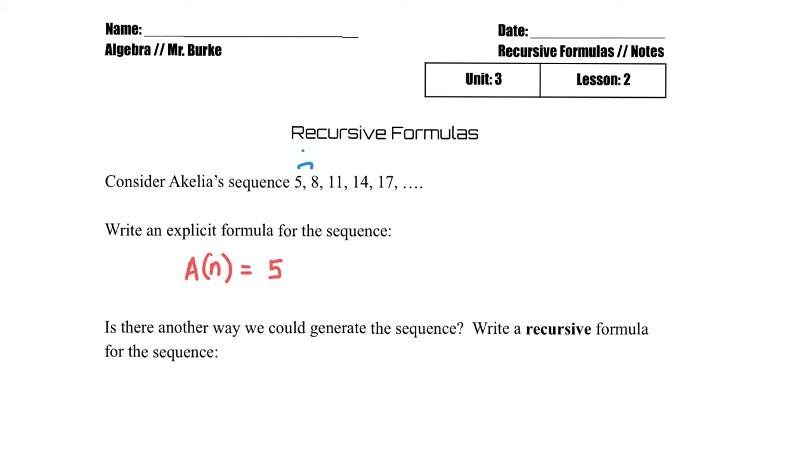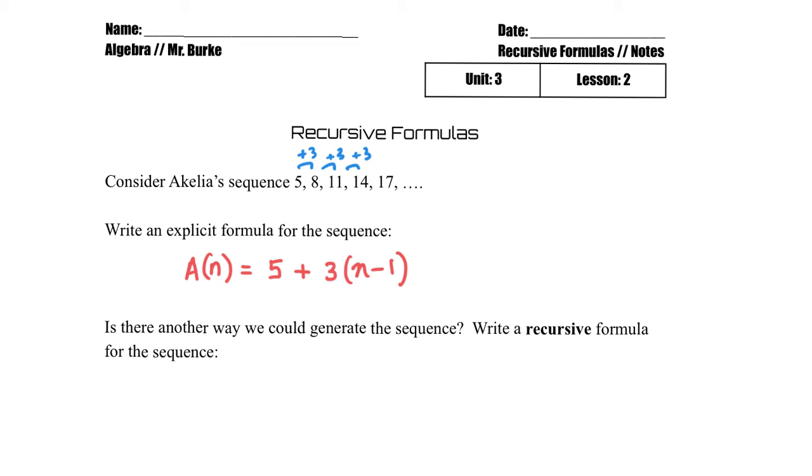Well, this looks like a +3 sequence. So that means I'm going to do plus my common difference, which is 3 times n minus 1. Okay, so this is called an explicit formula. So the formula that we learned yesterday, these are actually called explicit formulas.